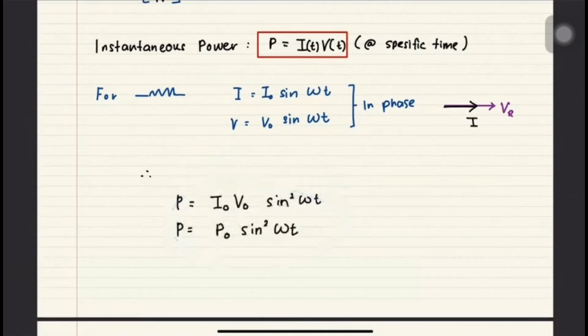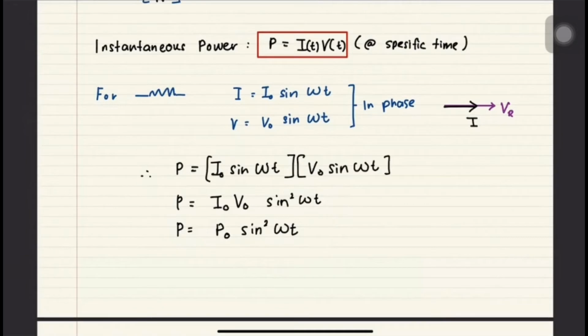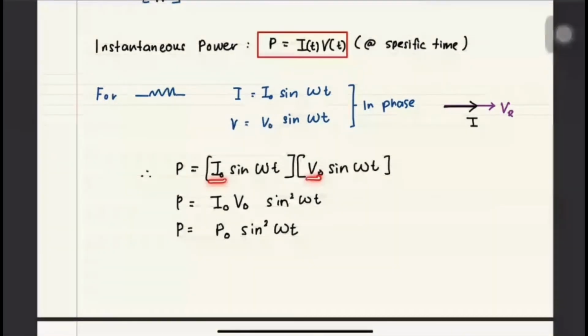Okay, P earlier is equal to I times V. So P here is equal to I, which is I naught sin omega T, multiplied by V naught sin omega T. If you multiply these two, your I naught multiplied by V naught, you bring to the front. Your sin here becomes sin square. Inside it doesn't change. So it becomes I naught V naught sin square omega T.